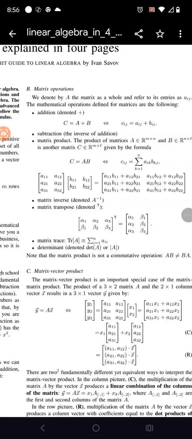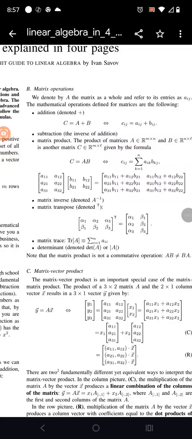Matrix inverse is denoted as A inverse, and matrix transpose is denoted by the superscript T. The transpose of a matrix is where the rows become columns and the columns become rows. So alpha 1, alpha 2, alpha 3, this row becomes the first column. The second row, beta 1, beta 2, beta 3, becomes the second column.